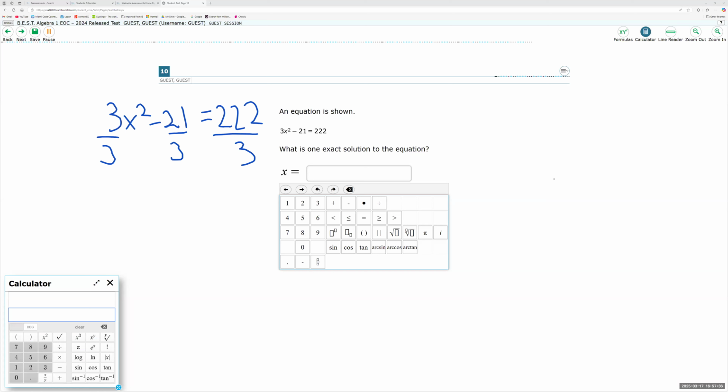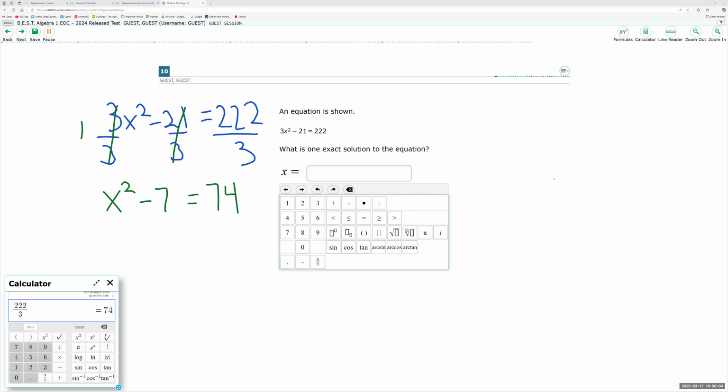3 divided by 3 is 1. Remember, it cancels into a 1, no, that's 0. 21 divided by 3 is 7 equals, and now I do 222 divided by 3, 74, already there. Okay, so now I need to set this equation to 0.